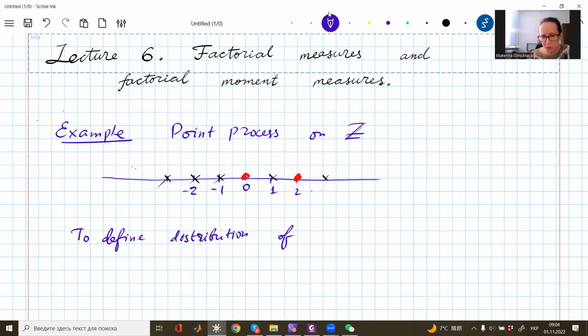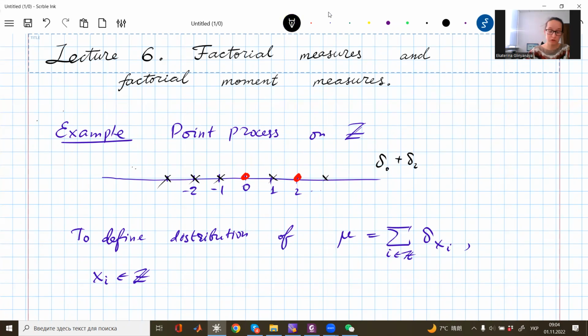I will say that we have the measure mu of the following form: sum of delta at xi, i in Z, and here xi are some points from Z. So on my picture, I have the measure delta 0 plus delta 2. It's for example.